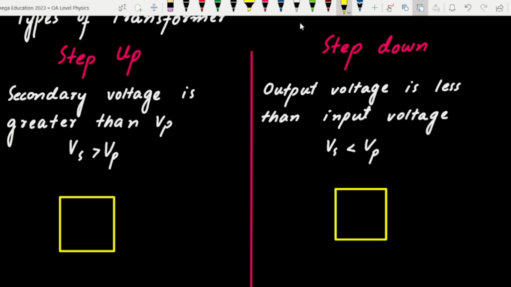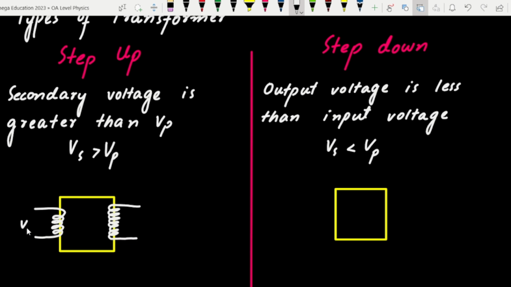So step up transformer would have more turns on the secondary coil. So let's say here we have 1, 2, 3, 4, and on this secondary side there would be more number of turns. So 1, 2, 3, 4, 5, 6, 7, right?